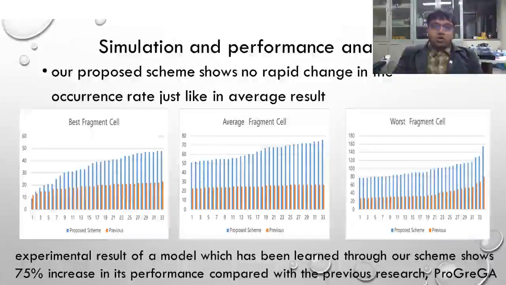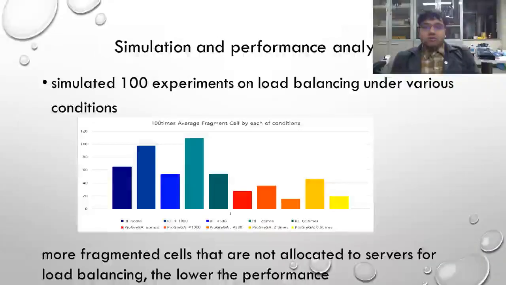Now, in conclusion, let's talk about what we have done. We have done 100 experiments in load balancing under various conditions, and more fragmented sets are not allowed to the server for load balancing, and thus it gives very good performance compared to the other system.